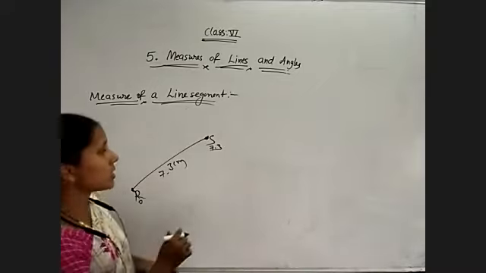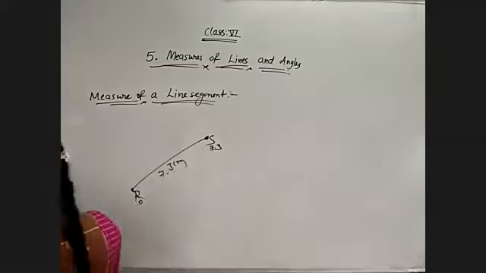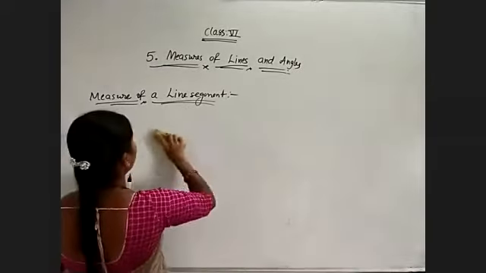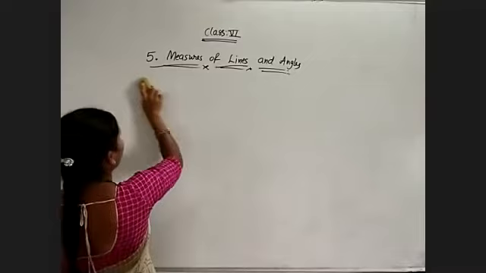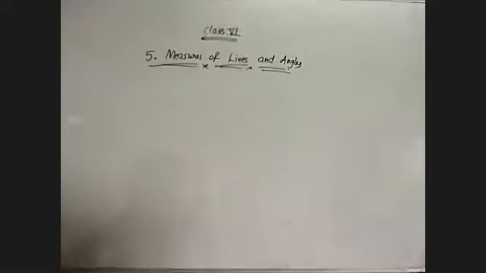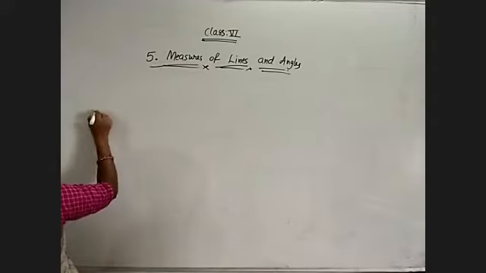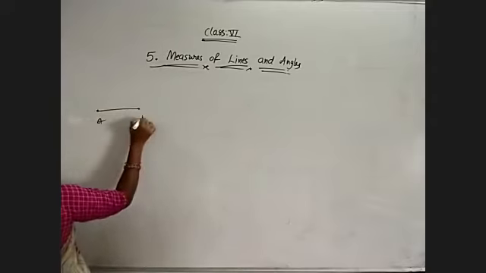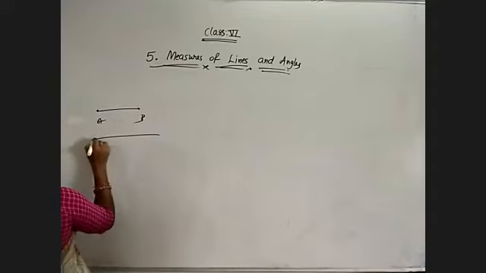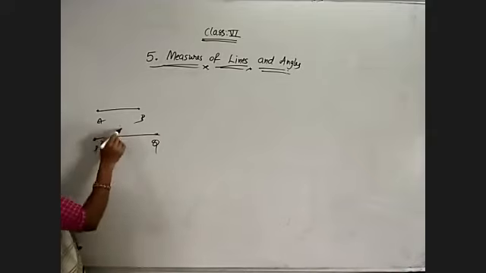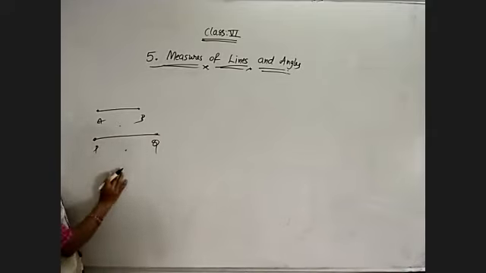And suppose I have 2 line segments. By observing only we can say that AB is lesser than PQ, but by measurement using the instrument.